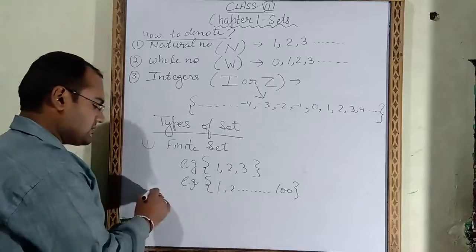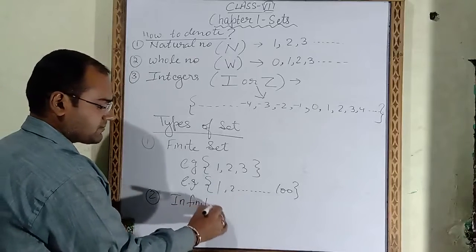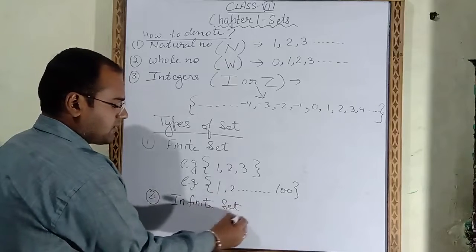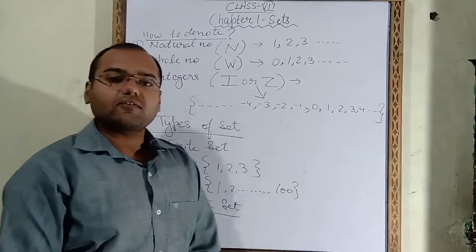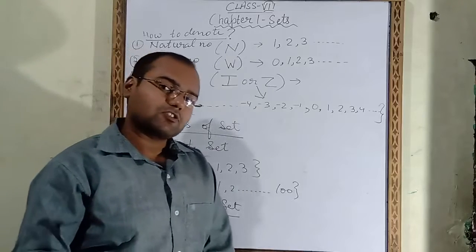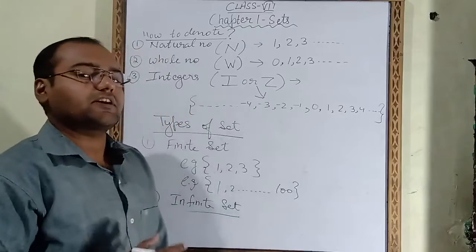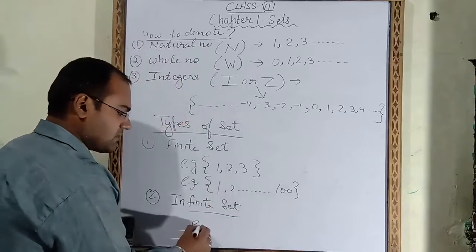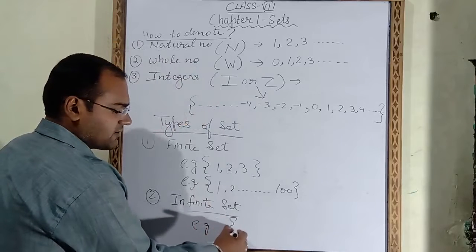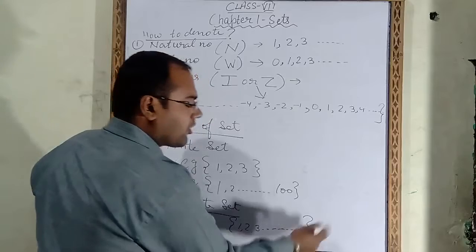Now the second one is infinite set. So what is an infinite set? If the numbers or the members of the set cannot be counted, then we can say that it is an infinite set. Suppose, take one example, I had written 1, 2, 3 and so on.